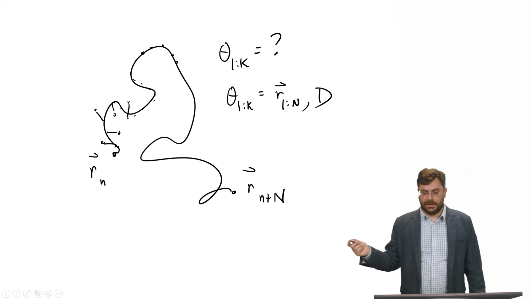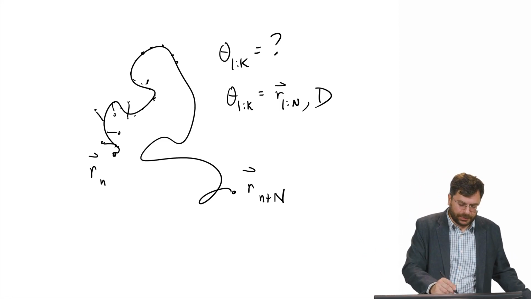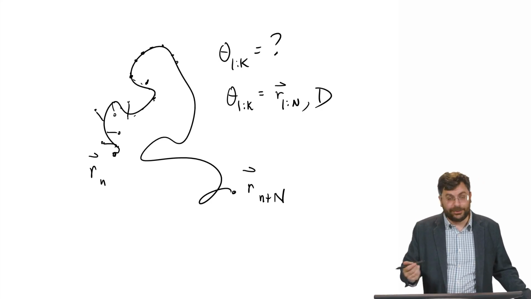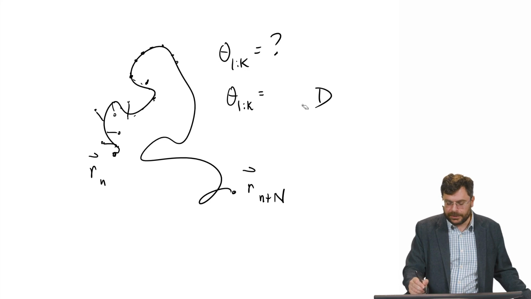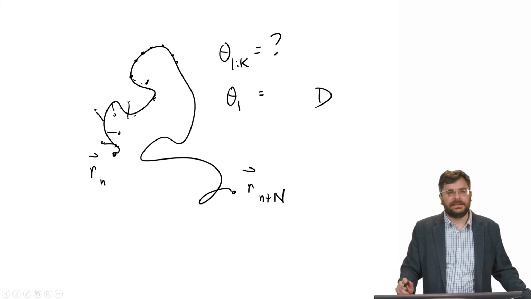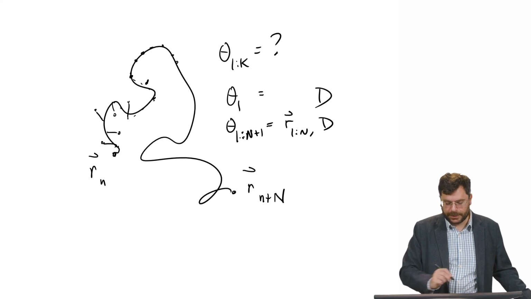Or maybe if the experimental noise is very small and I can more or less pinpoint the positions to where it's obvious and I don't need to learn them, then maybe all there is to learn is one thing, and there's only a theta 1, and that theta 1 is the diffusion coefficient. So in the case that I have to learn positions and diffusion, maybe I would call this k being n plus 1, for example.